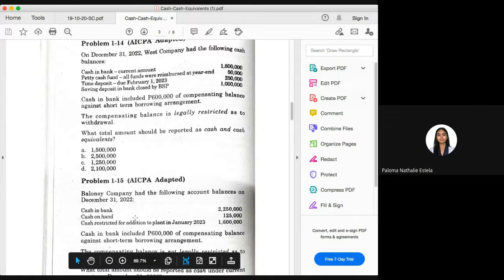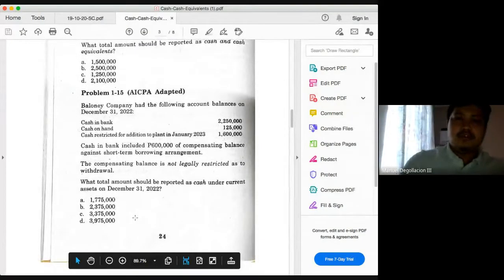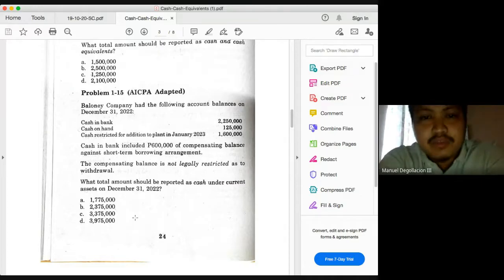We'll have 1-15. Baloney Company held the following account balances on December 31, 2022. Cash in bank, 2,250,000. Cash on hand, 125. Cash restriction for addition to plant in January 2023, 1,600,000.